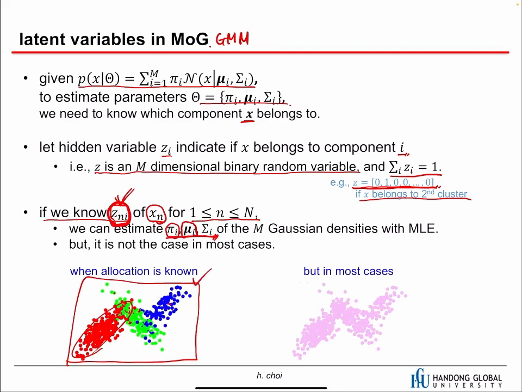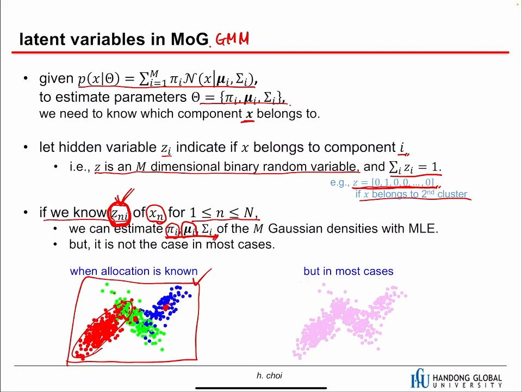So we have red dots and green dots and blue dots, and the red dots belong to the first cluster and green dots belong to the second cluster, etc. Then the mean of the first cluster is simple, and the mean of the second cluster is simple, and the mean of the third cluster is simple, and the variance too. And pi sub i is simple. We can just count the number of samples.